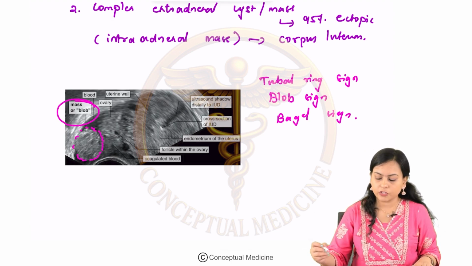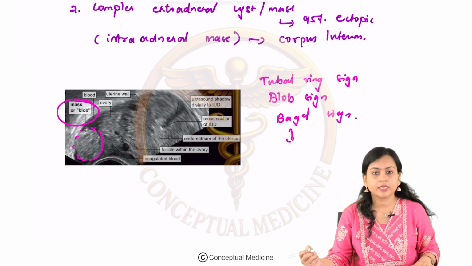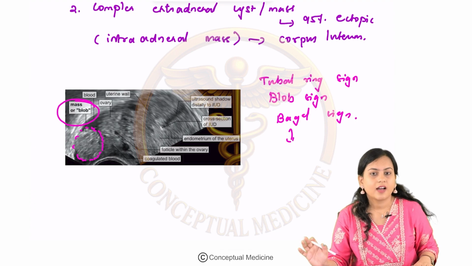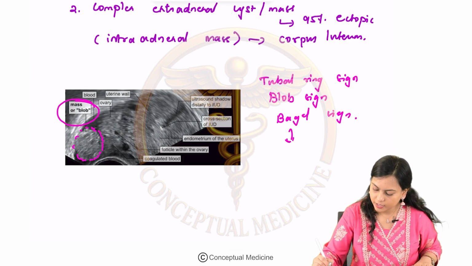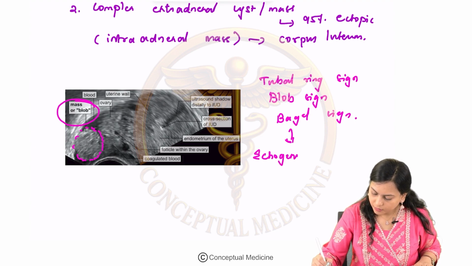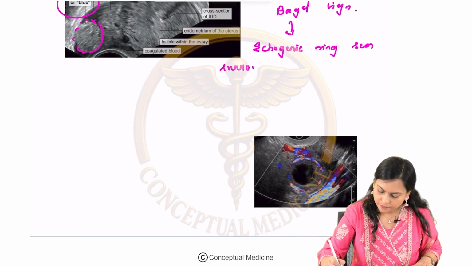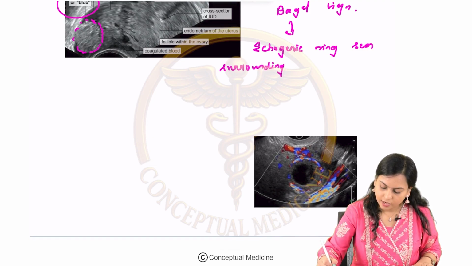There is an echogenic ring surrounding the ectopic, and this is seen mostly in the case of an unruptured ectopic, correct?